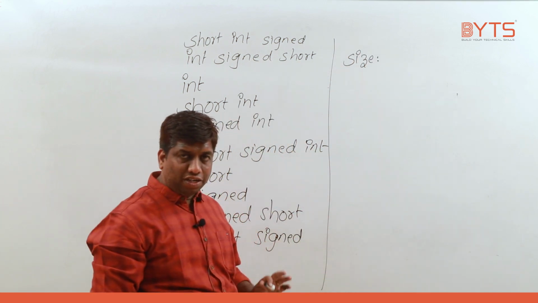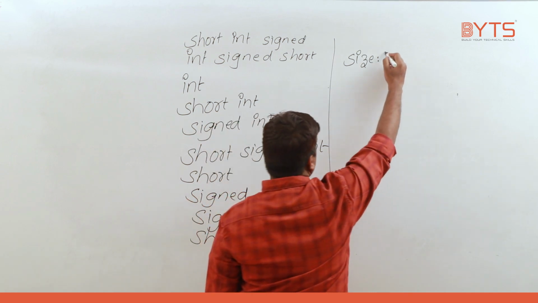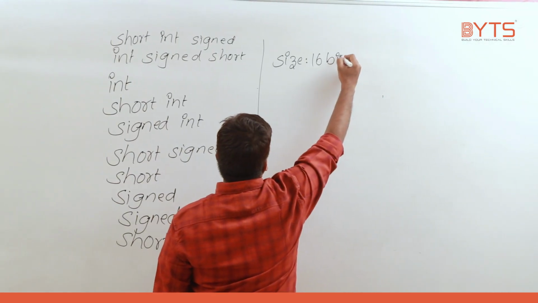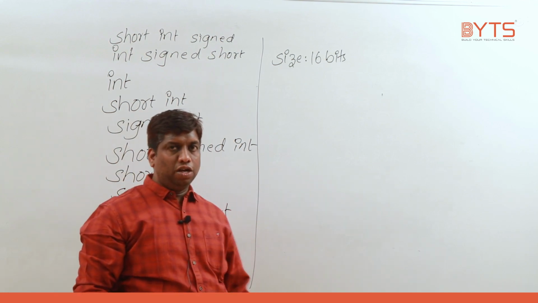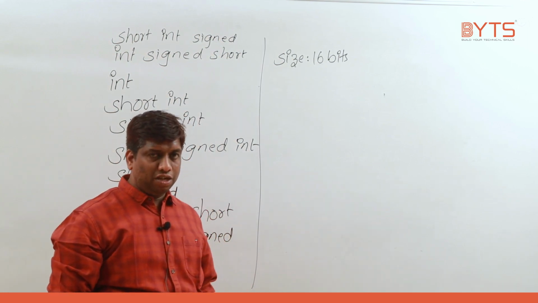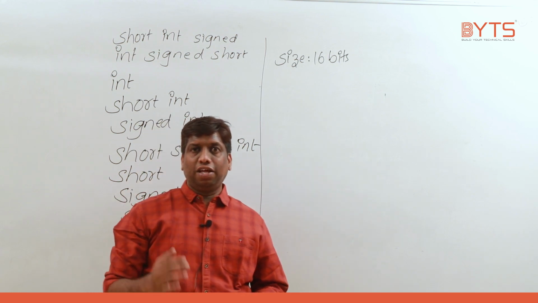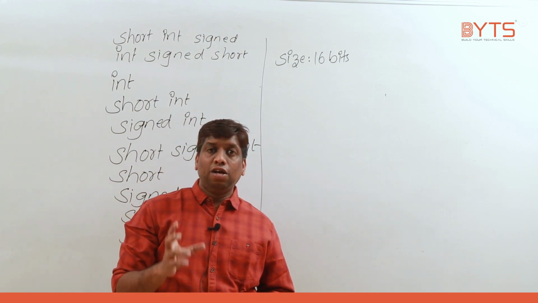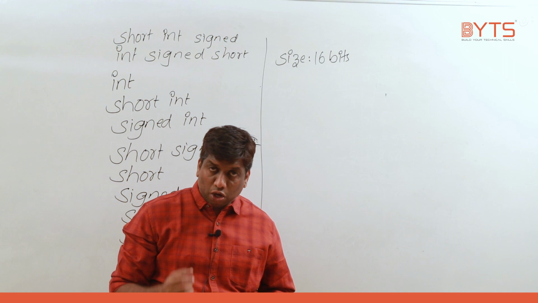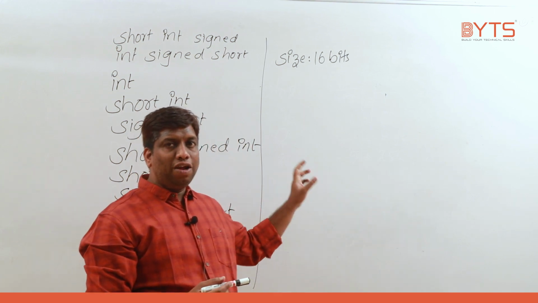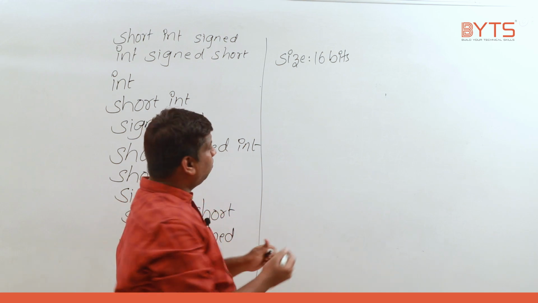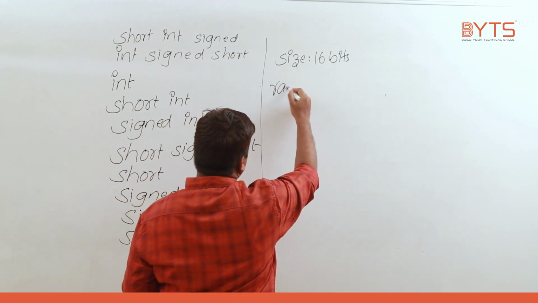The size of an integer is 16 bits. What is the size of an integer? 16 bits. Well, now we need to consider the range. We already discussed the range for signed is minus 2 power n minus 1 to 2 power n minus 1 minus 1. So the same thing we need to apply where n value is 16 now. What is the range?